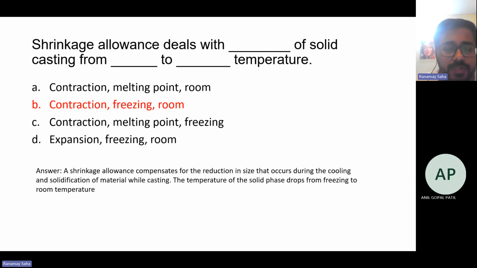Although there are three types of shrinkages: solid, liquid, and solidification shrinkage, out of which the shrinkage allowance compensates for the reduction in size that occurs during the cooling and solidification of matter. The temperature of the solid phase drops from freezing to room temperature. This is the solid shrinkage, where material is still in the solid phase at the start and end of the process. So for this particular shrinkage, you need to use an allowance on the pattern.